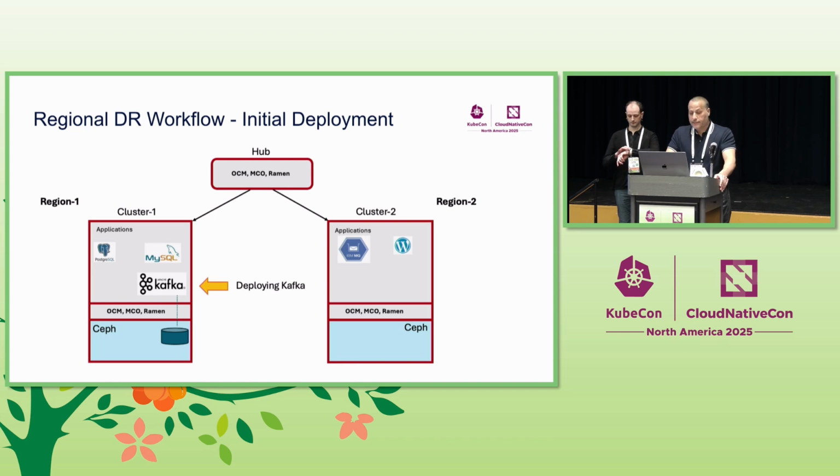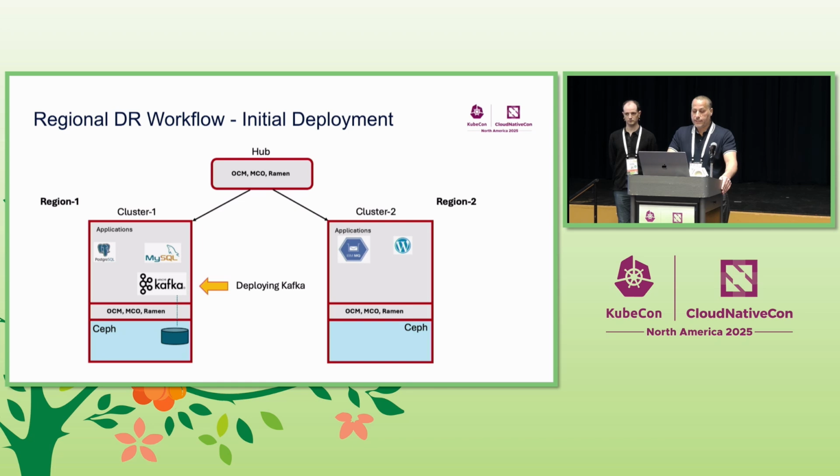If we look at this diagram, what we have is three clusters. We have one cluster in region 1, the other cluster in region 2, and we have the hub cluster. The hub cluster can be in region 1 or region 2, okay? All of these three are Kubernetes clusters.